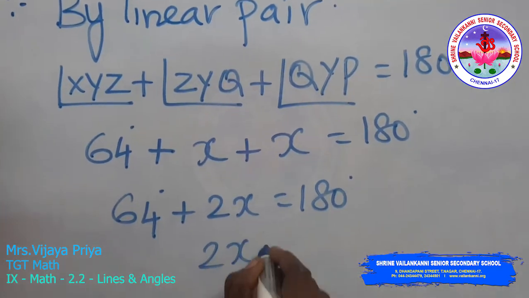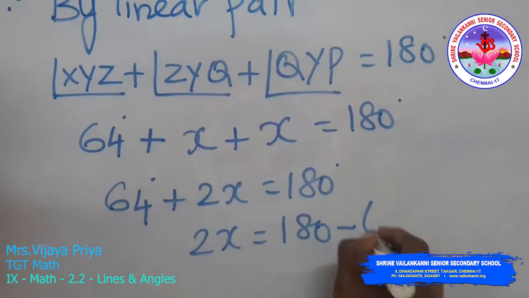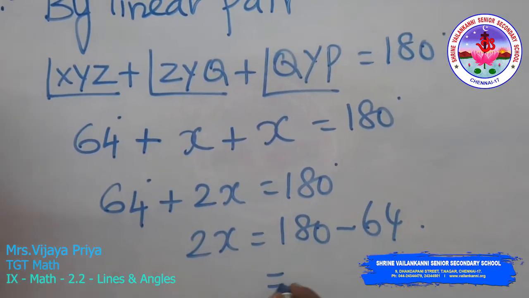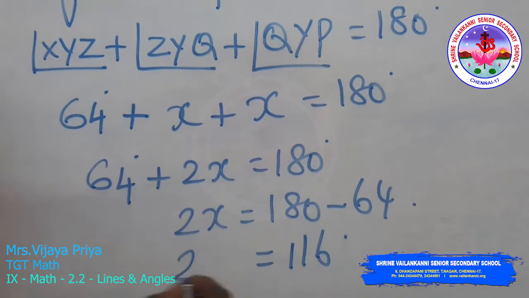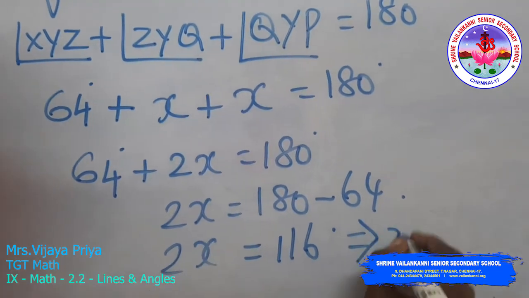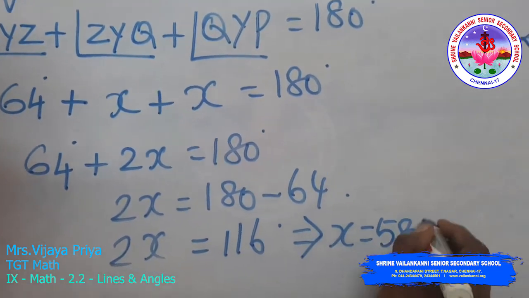So 2x is equal to 180 minus 64, which is 116. So x is equal to 58 degrees.